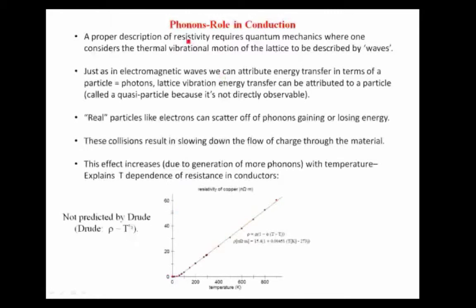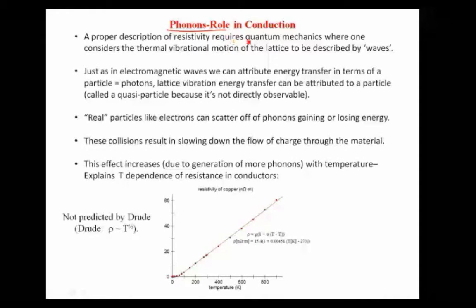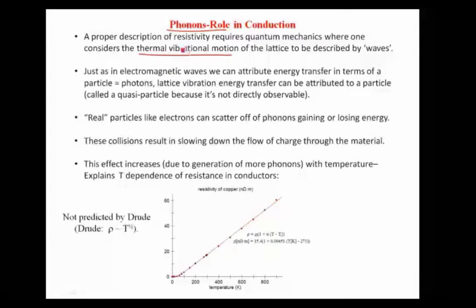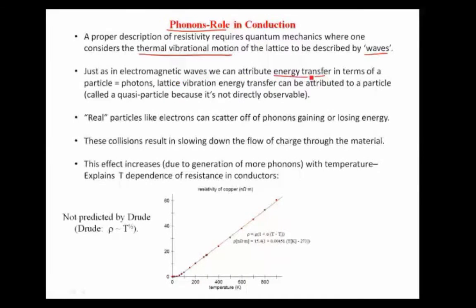One of the major scattering mechanisms is phonons, and this really can only be explained in terms of quantum mechanics. So what you do is you consider the vibrational motion of the lattice in terms of a quantized system that is described by waves. So remember, in electromagnetic waves you can describe energy transfer in terms of particles, namely photons.